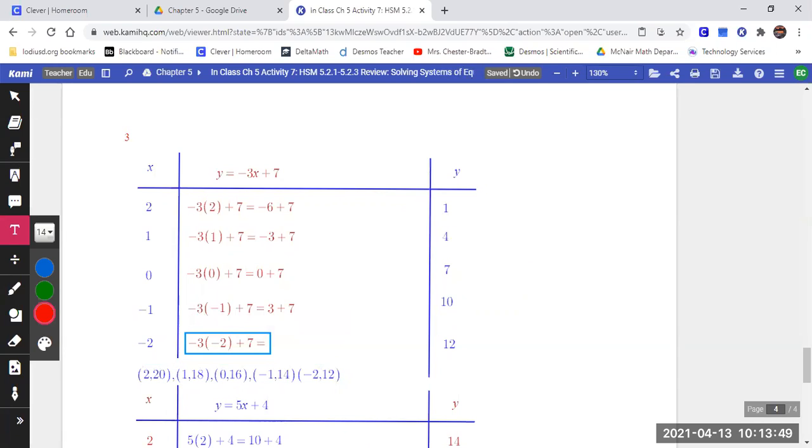-3 times -2. What are we going to have? 6 plus 7. So what's our answer going to say?